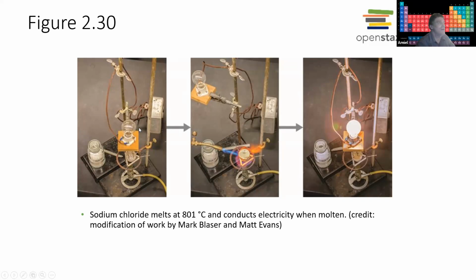Here's halite, the light bulb isn't going on, non-conductive. You heat it to 800 degrees Celsius, it becomes molten, the light bulb goes on, meaning that molten sodium chloride conducts electricity very well, actually.